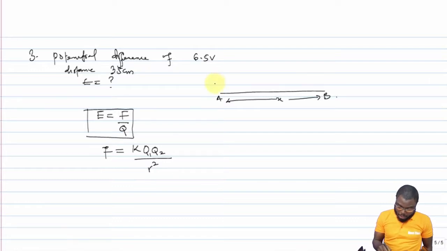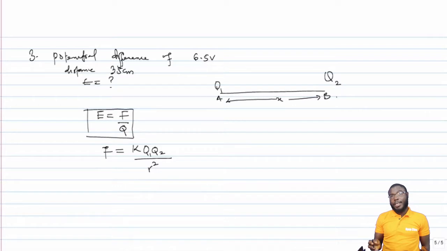So you have a charge here q1, you have a charge here q2. So the force between the two of them is directly proportional to the product of their charges and inversely proportional to the square of their distance apart.